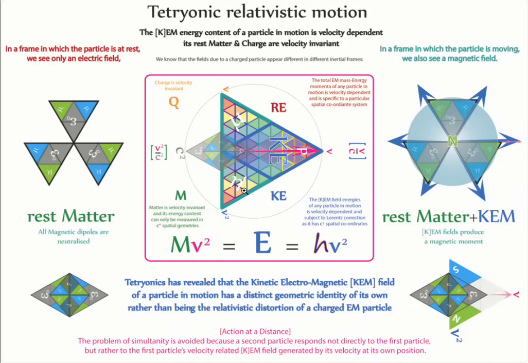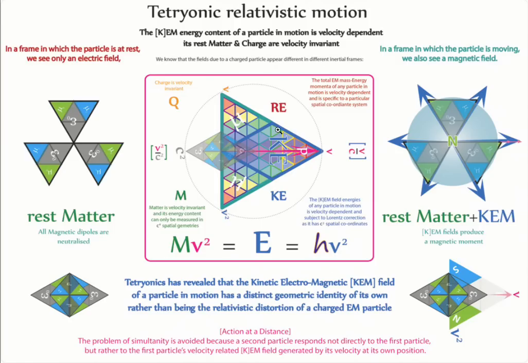But what does remain is the magnetic dipole. When you look at this as a south-north, the underside will of course be a north-south, and this gives us a strong magnetic moment for any particle in motion.